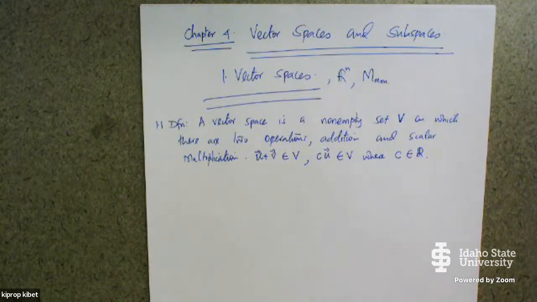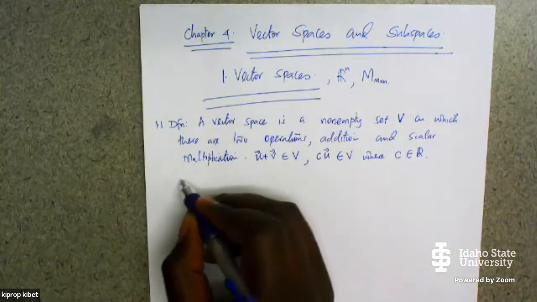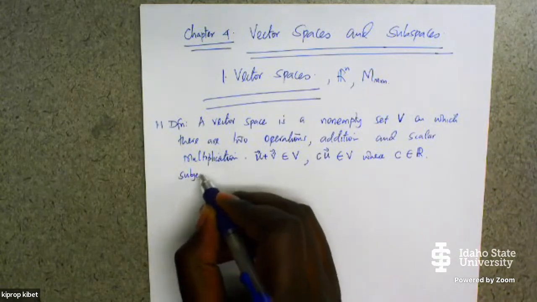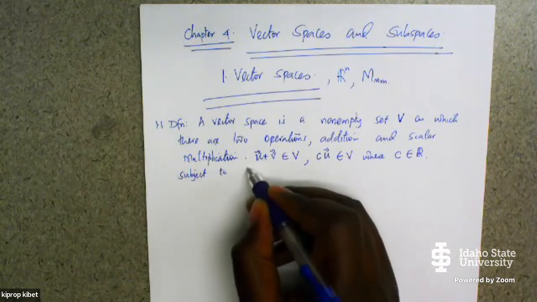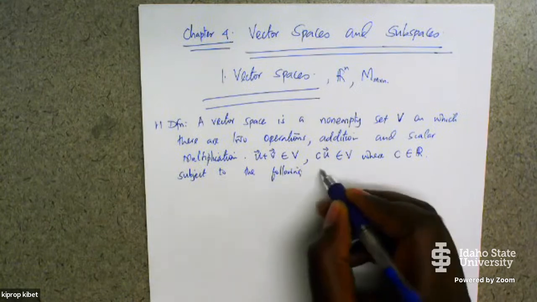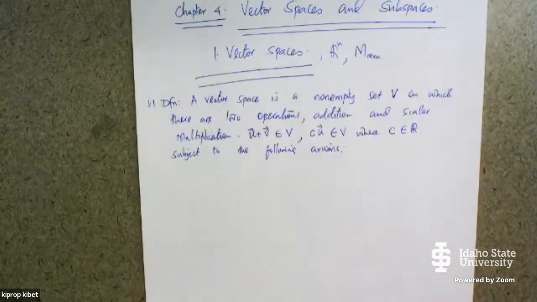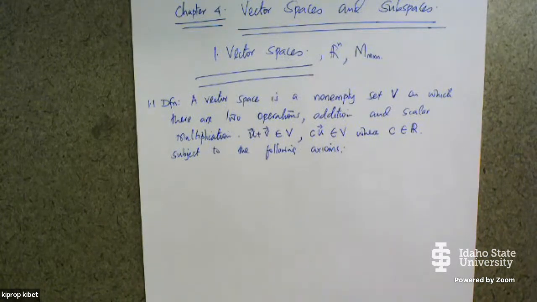So there are 8 axioms which the vector space satisfies. So we can say, subject to the following axioms, we have 8 axioms that satisfy a vector space.